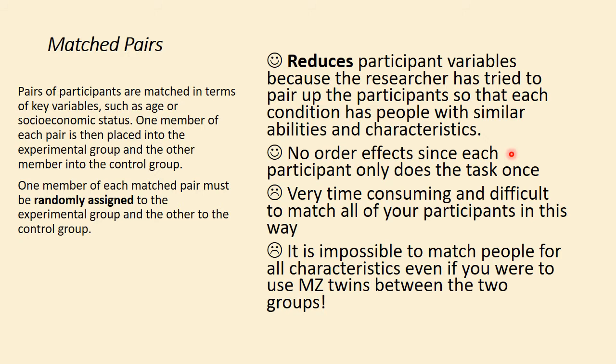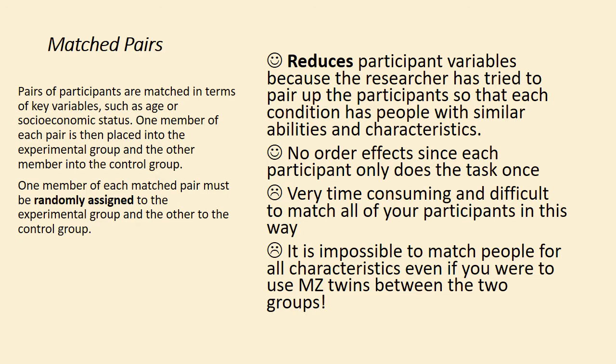It is very time consuming to do, and to be honest, the major problem is you're never going to match people perfectly. Even if you used monozygotic twins, identical twins, who share 100% of the DNA with each other, there are going to be differences between them. And for that reason, you're still going to have some participant variables.